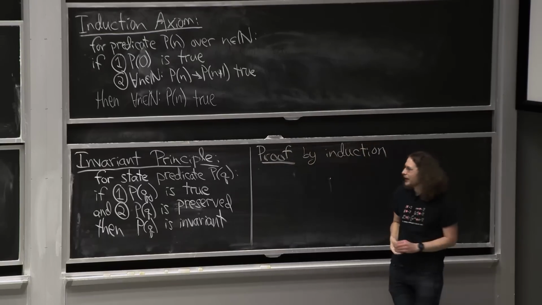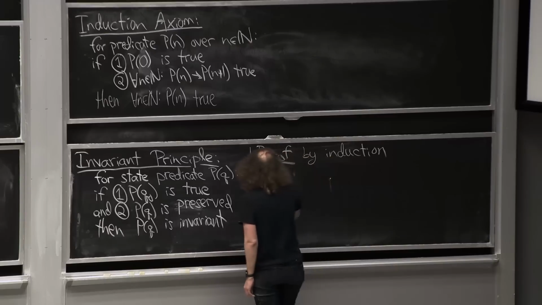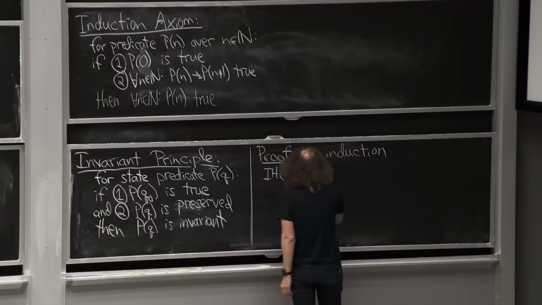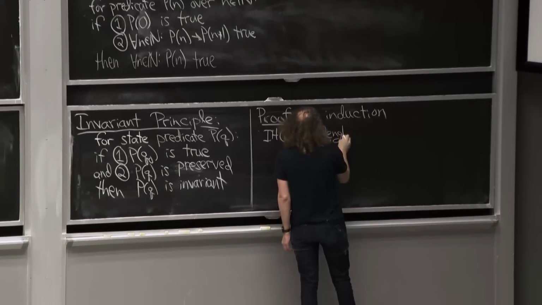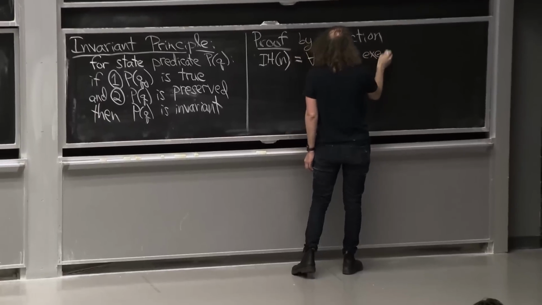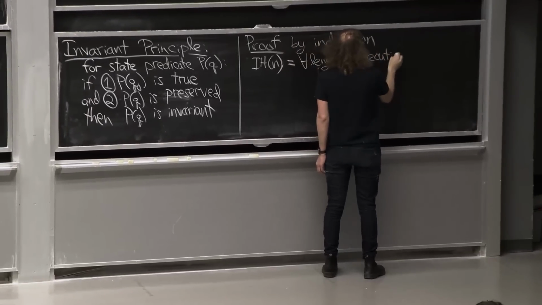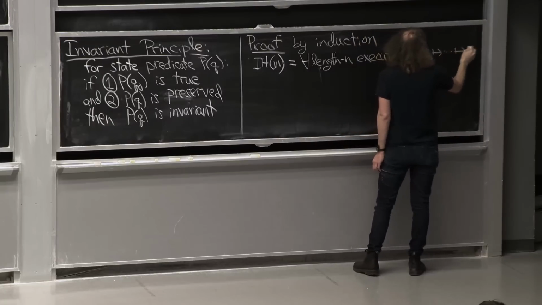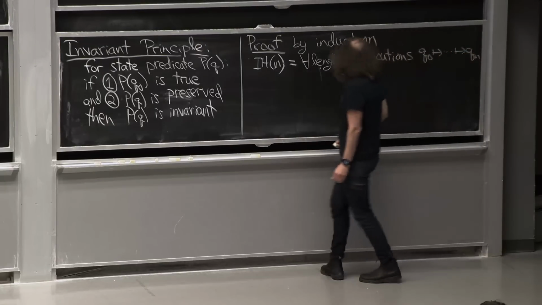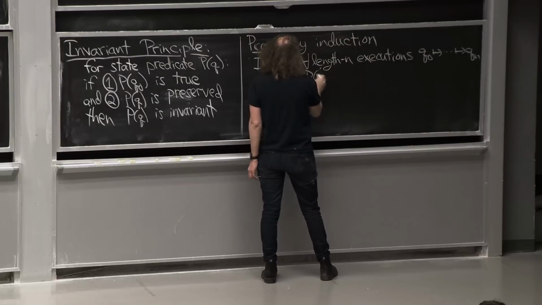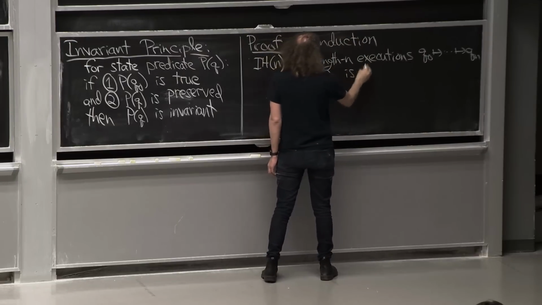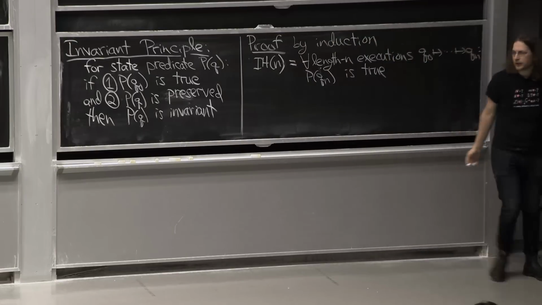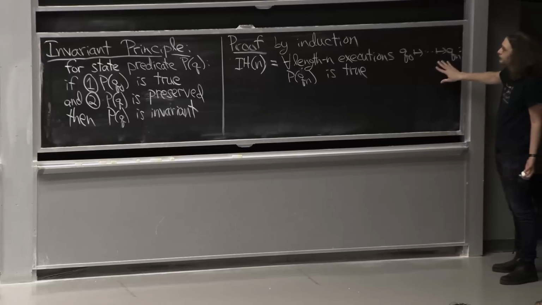It's not so obvious how exactly, but the idea is to specify a particular induction hypothesis, which is: for all length n executions, P of Qn is true. I think it's intuitive that this is enough, but we'll justify why this is enough.